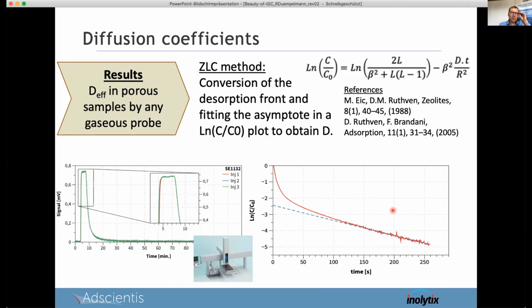So first, a little bit of theory. Here you have the equation and some references, how it relates to. And important is if you have a logarithmic graphic of the concentration and C0, then you can draw this. What is also important is that you have a very good reproducibility of the experimental setup, and that's shown here.